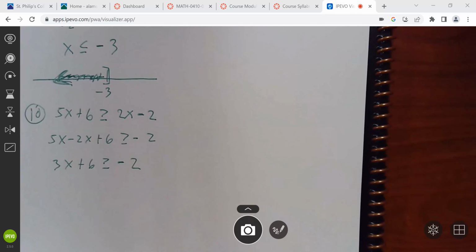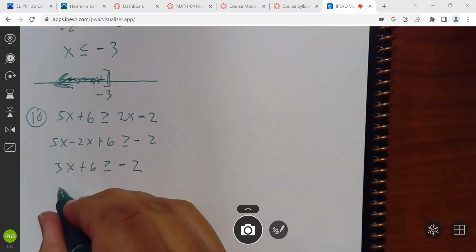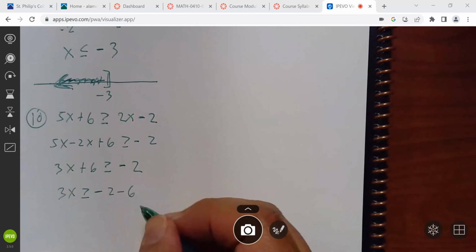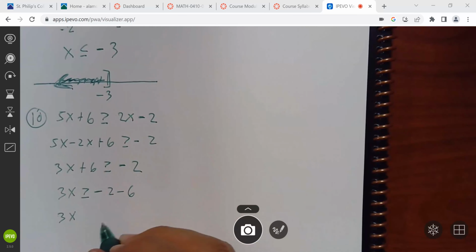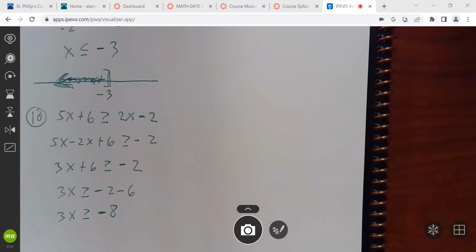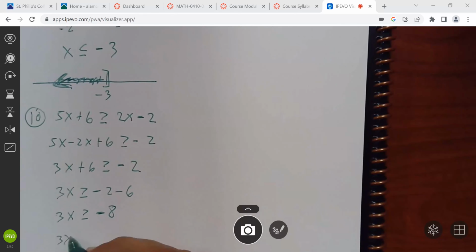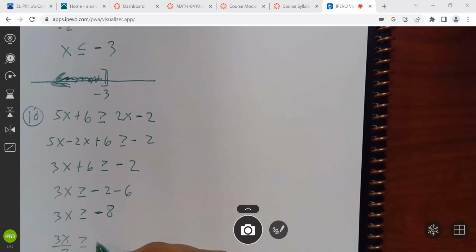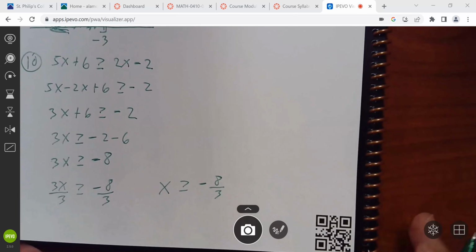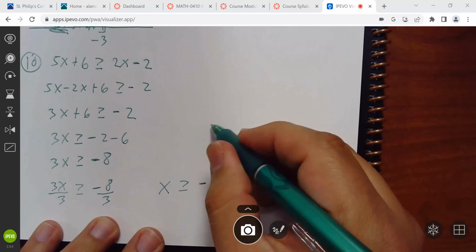Then you have to move the 6. Two minus 6, negative. Yeah. And then divide by 3. That's about right. You get 2.6666. Let me just do it that way. Good.